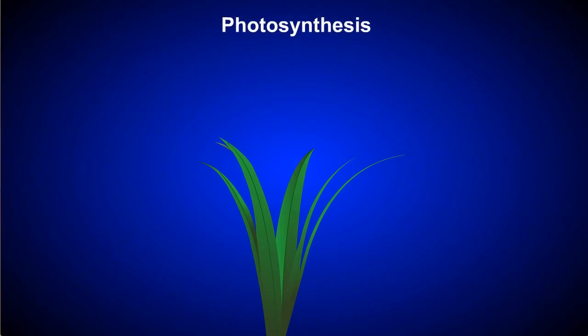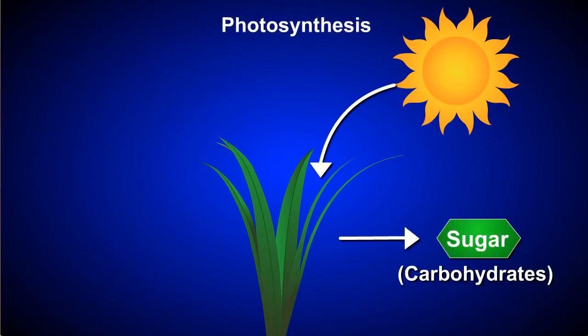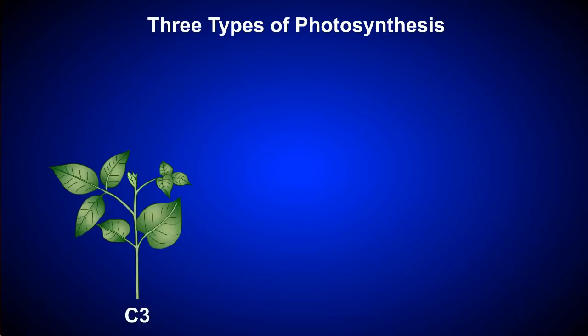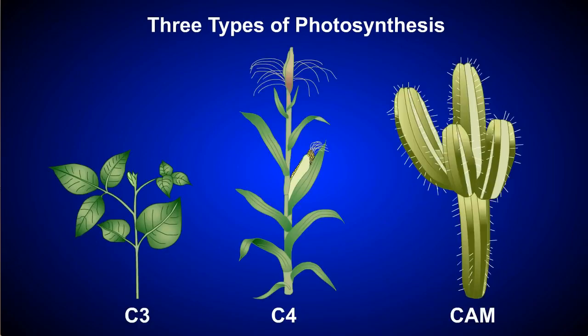Photosynthesis is the process by which plants capture the energy of the sun to make carbohydrates. But there are minor variations in how plants do this, depending on the environment in which the plant lives. In this tutorial, we'll look at the differences between the 3 types of photosynthesis, C3, C4, and CAM.